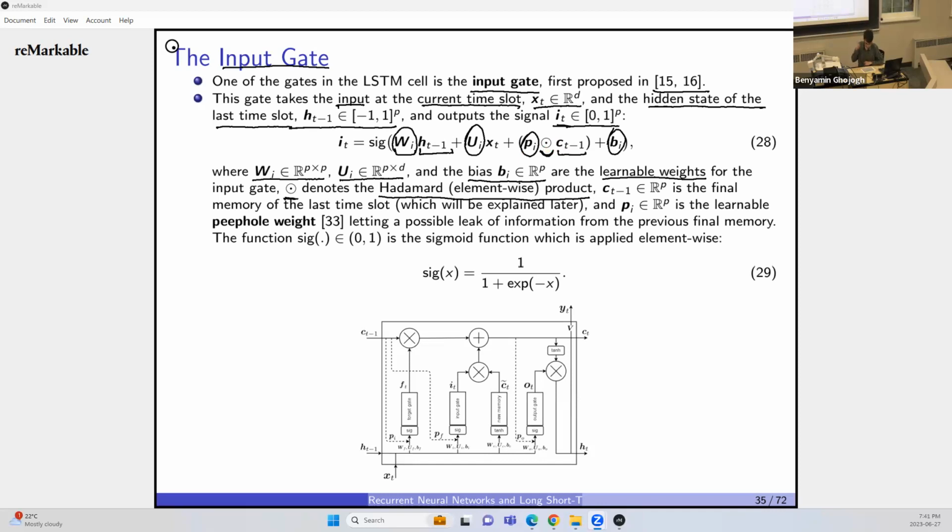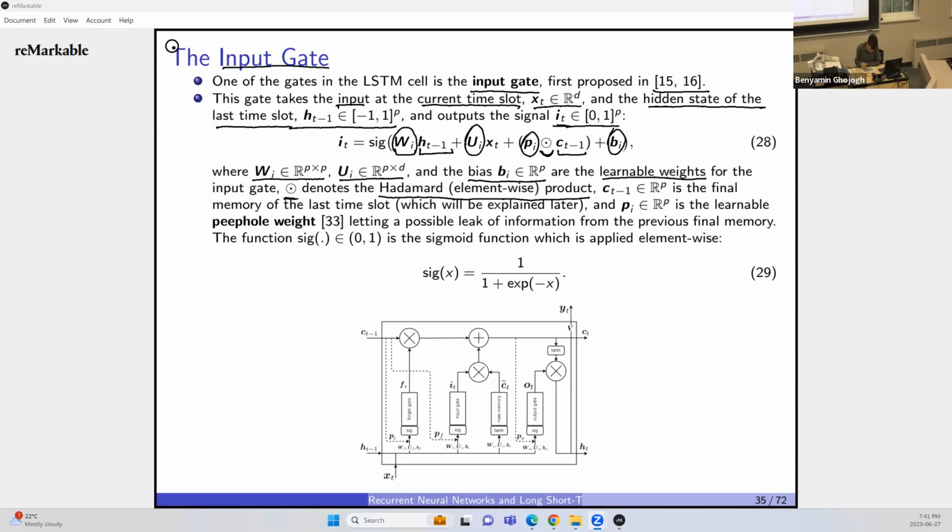By the way, you might be wondering, why aren't I saying p_i transpose c_{t-1}? Because the inner product also multiplies the elements by each other. There is a difference between Hadamard and inner product. In Hadamard, you don't sum. So you have element-wise product, but you don't sum them. So the dimensionality of the output of the Hadamard product is the same as the dimensionality of the input. But in the inner product, the dimensionality becomes a scalar, right? Do you see the difference between these two?